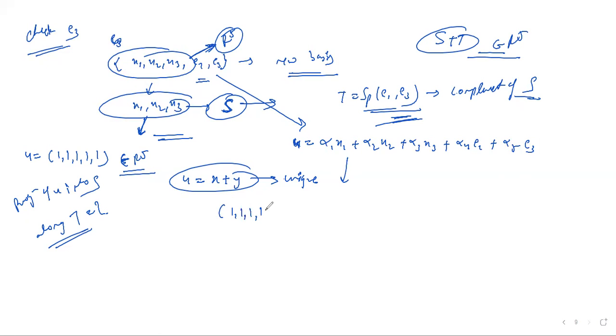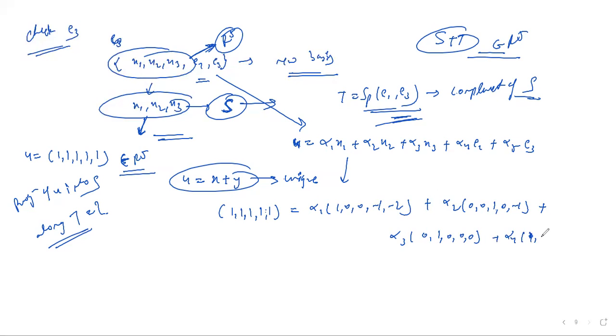It is 1 1 1 1 1, and alpha 1 times vector x1, which is 1 0 0 minus 1 minus 2, plus alpha 2 times vector x2, which is 0 0 1 0 minus 1, plus alpha 3 times 0 1 0 0 0, plus alpha 4 times 1 0 0 0 0, plus alpha 5 times 0 0 1 0 0.